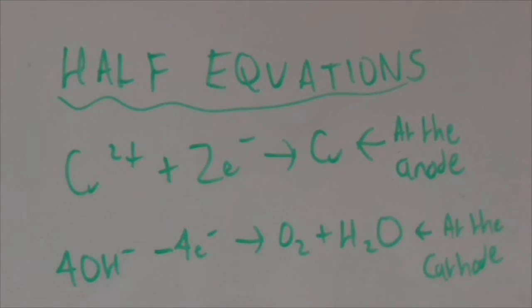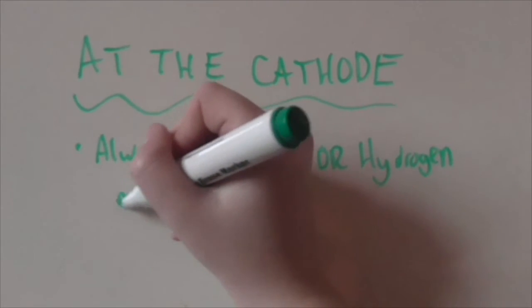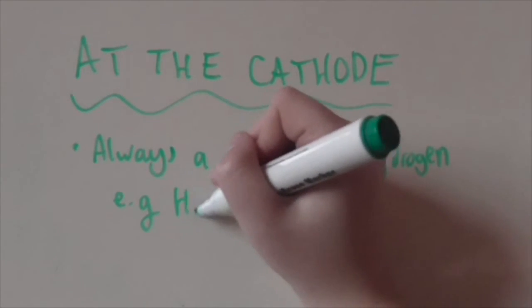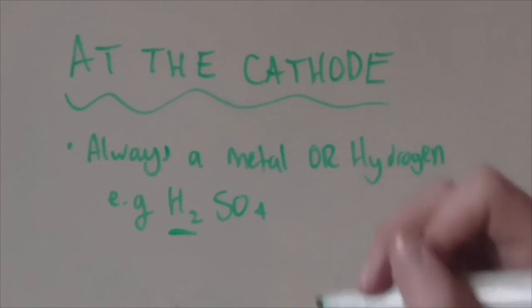I got it wrong. With all these different products forming according to whatever you're doing, how can you actually predict what will form where? There are actually some genuine rules behind it. At the cathode, you will always form either a metal or hydrogen. For example, in the electrolysis of sulfuric acid, as we have seen, hydrogen is formed.